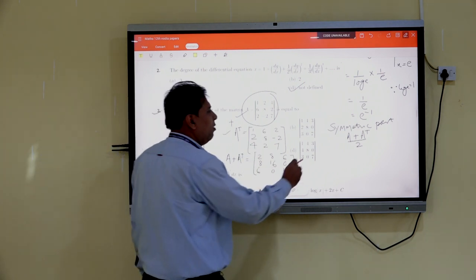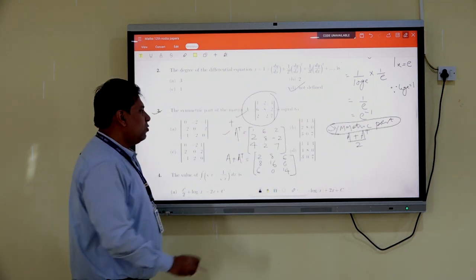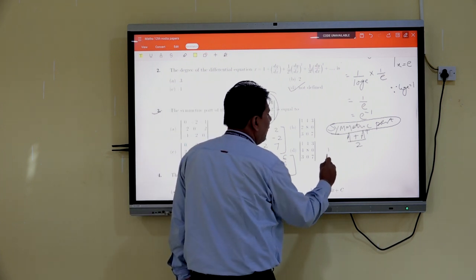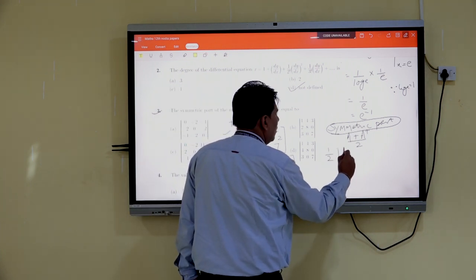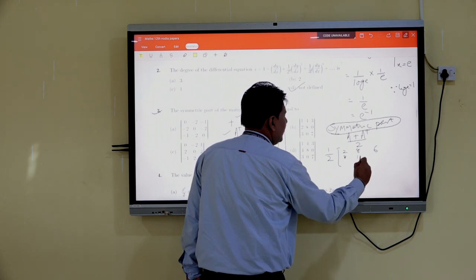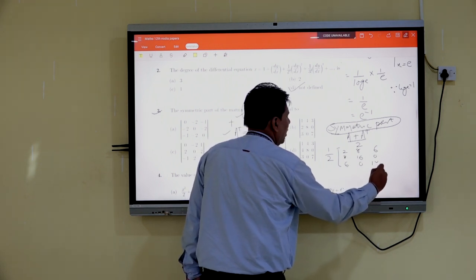But what I need to find out? I need to find out the symmetric part. So we'll take the half of this. Half of [2, 8, 6; 8, 16, 0; 6, 0, 14].